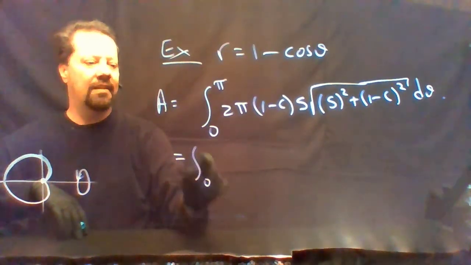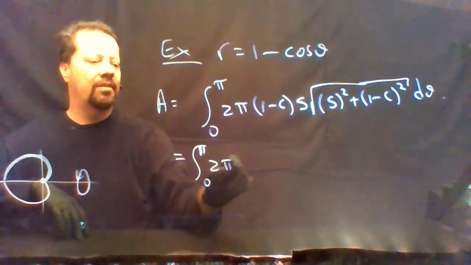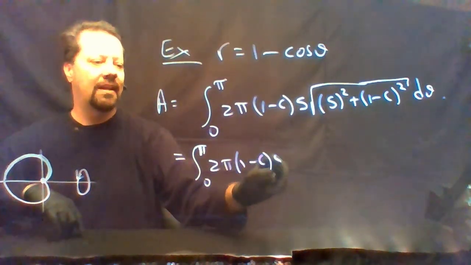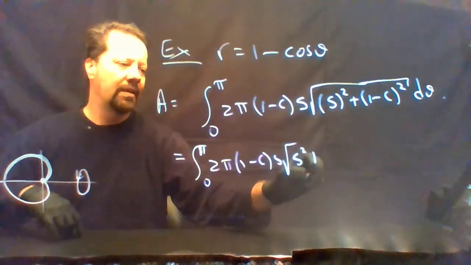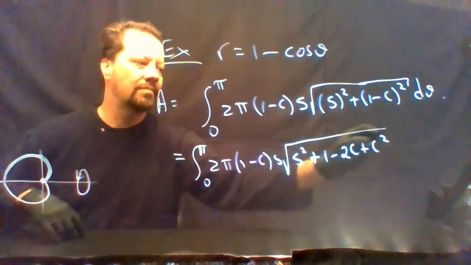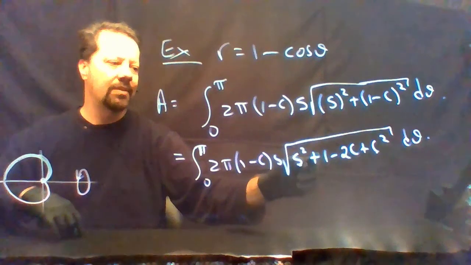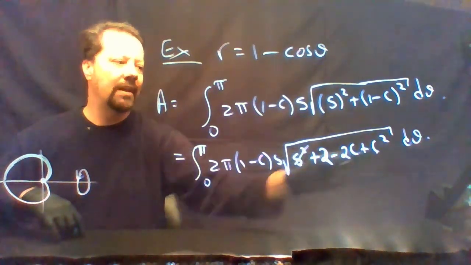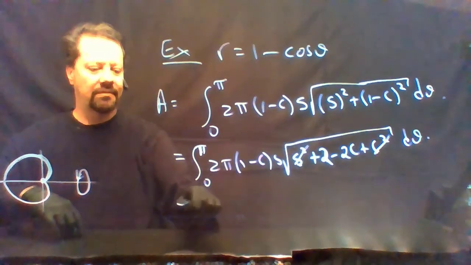We have integral from 0 to pi, 1 minus cosine times sine square root, sine squared plus 1 minus 2 cosine plus cosine squared. Sine squared plus cosine squared is 1. We'll make this into a 2 and cancel these off. And we'll factor this 2 out.